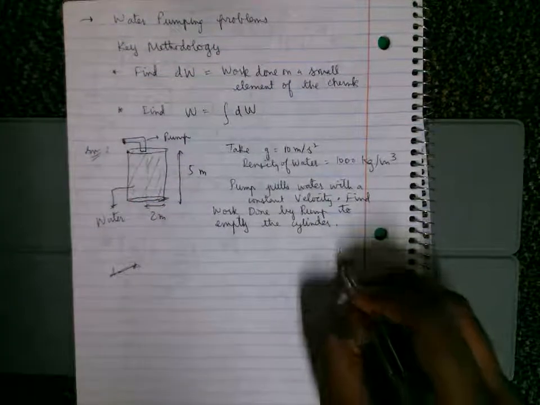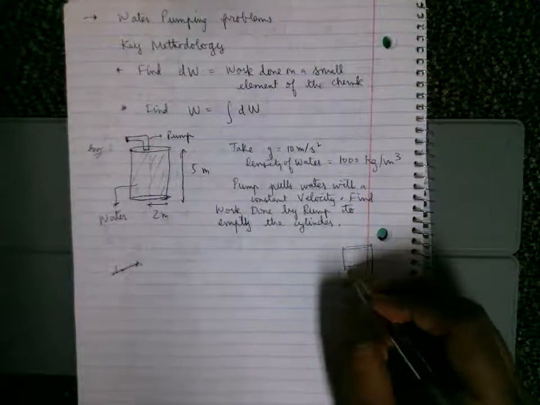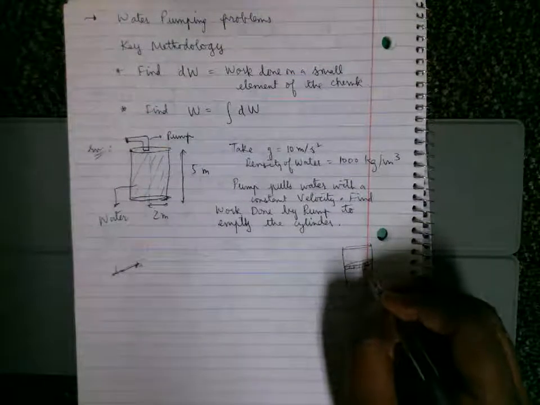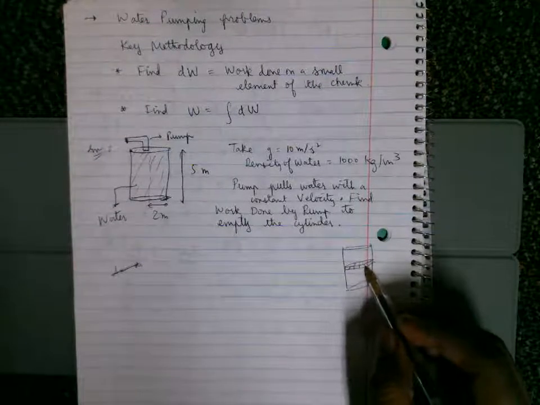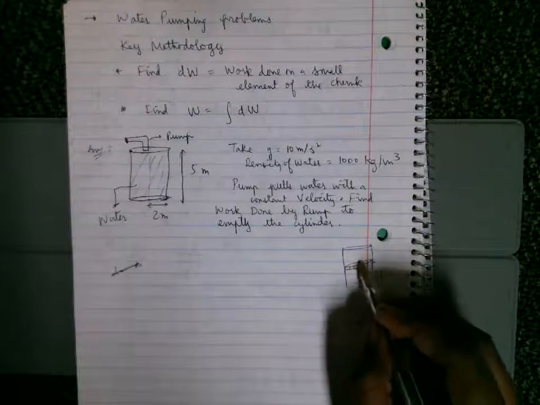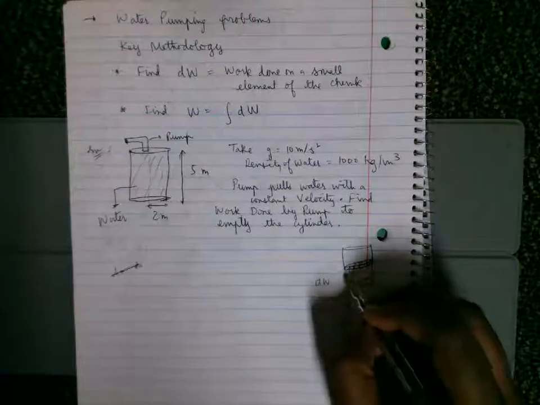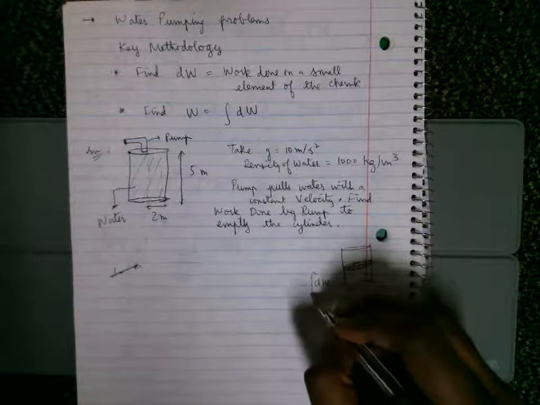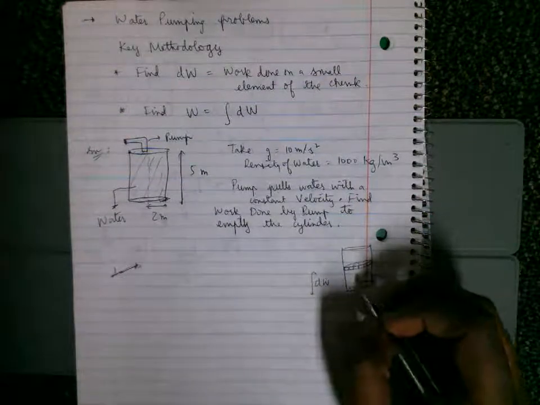We want to take this cylinder and find a small chunk of water inside it, and we want to find out the work done by the pump on this small chunk of water. So I'll say that dW is the work done on this small chunk of water, and then we will integrate it with respect to whatever. All right, so that is what we need to do.